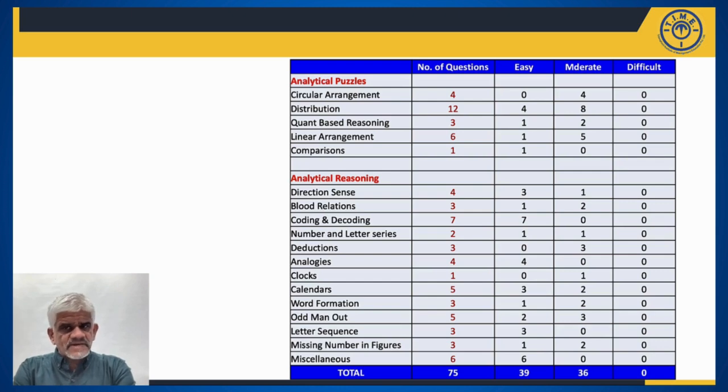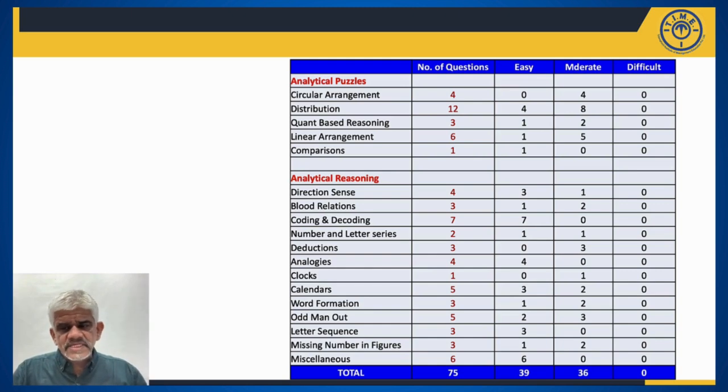One can comfortably attempt the 39 easy ones, and out of the 36 moderate ones, one can easily attempt 25 to 30 in the shortest possible time. Chances of making errors were very low, because questions were not really challenging. That is how it was for analytical puzzles and analytical reasoning.